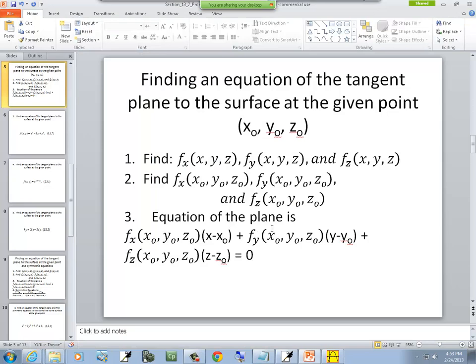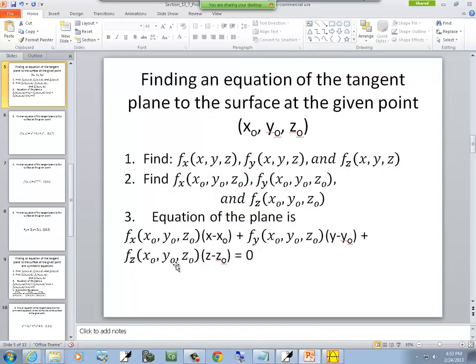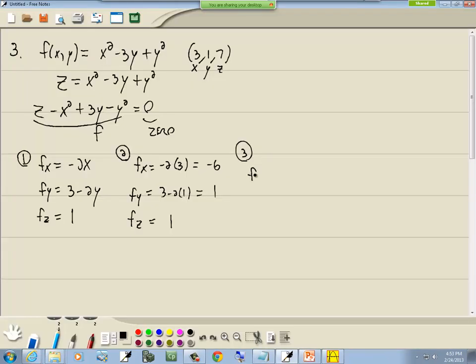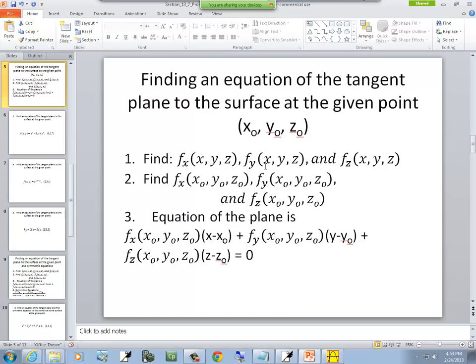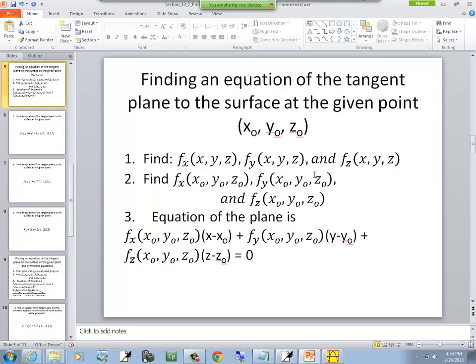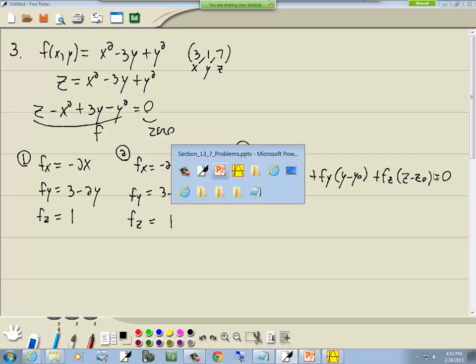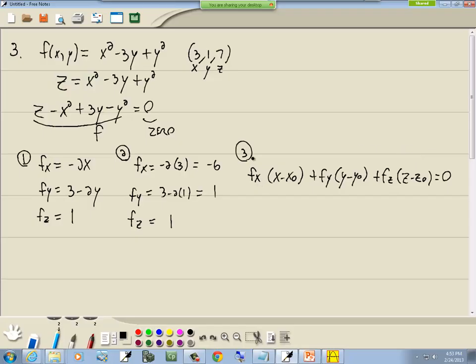Then our equation of the plane is going to be given by this formula. So we've got the partial with respect to x times x minus x naught plus the partial with respect to y times y minus y naught plus the partial with respect to z times z minus z naught equal to 0. Well, this up here is our initial point.